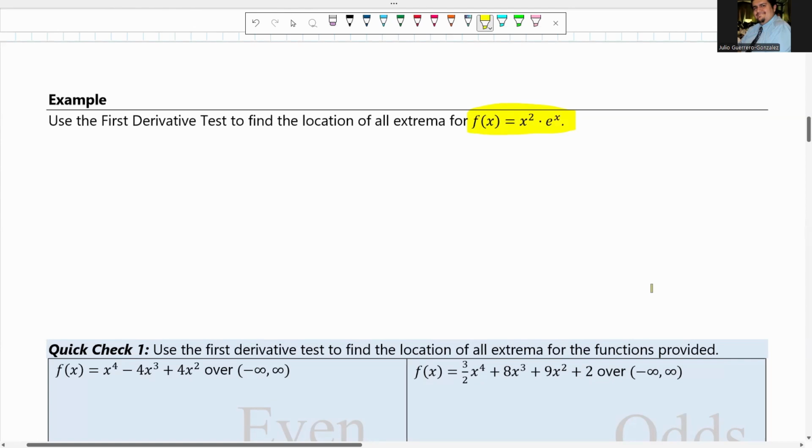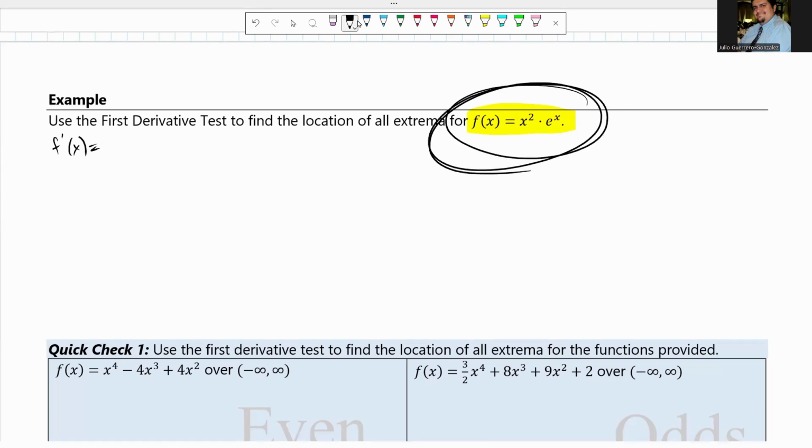In order to find critical values, I need to find the derivative. So f prime of x means I need to take the derivative of that. Notice that that is a product, so I need the product rule. I'm going to do a first and a second.